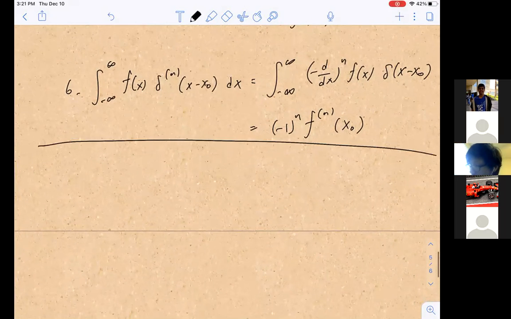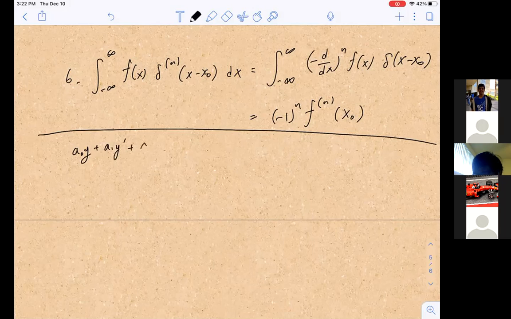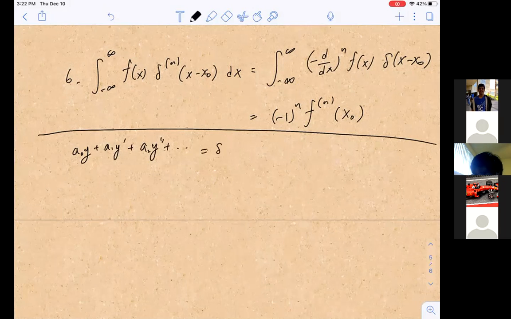So we talked about Laplace transform and we talked about the delta function. So one special kind of problem is you solve these kinds of differential equations, but the right-hand side is a delta function, right?